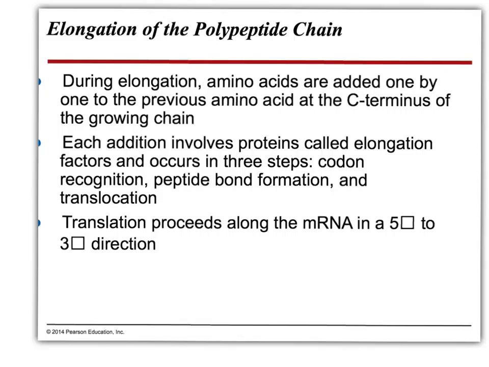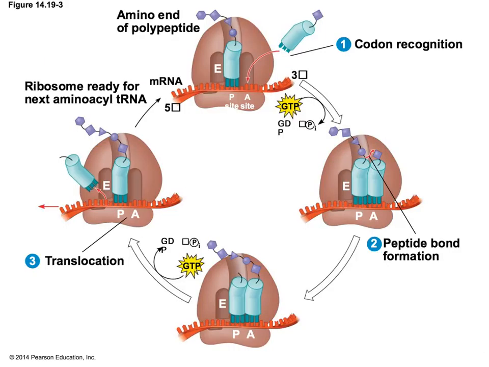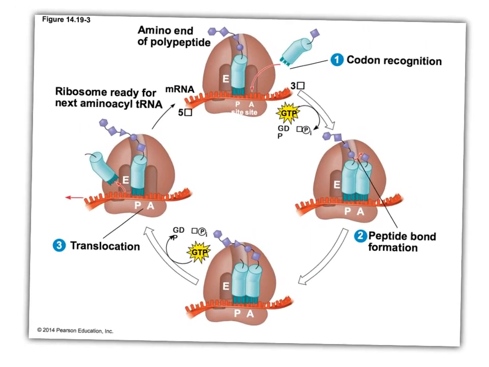Then transferring or producing a peptide bond. And then the process of translocation, moving the ribosome down and changing which site the tRNA is occupying. Go from A to P to E. Okay? And translation is in the 5' to 3' direction. This is the process of elongation.